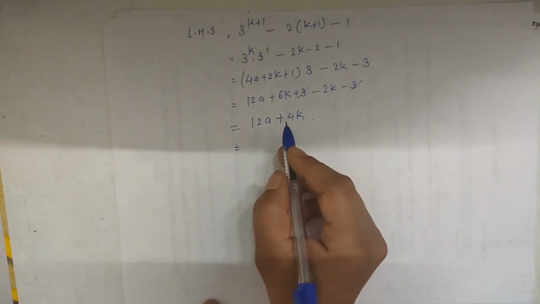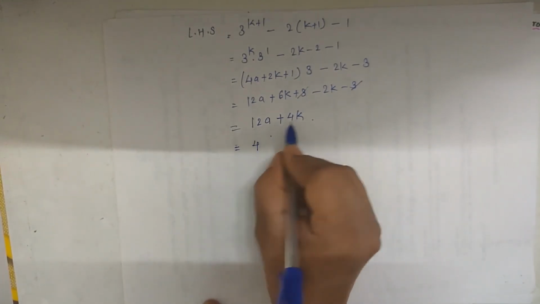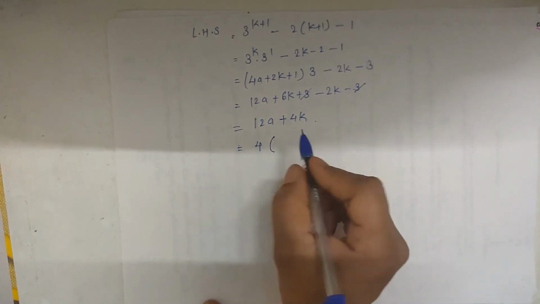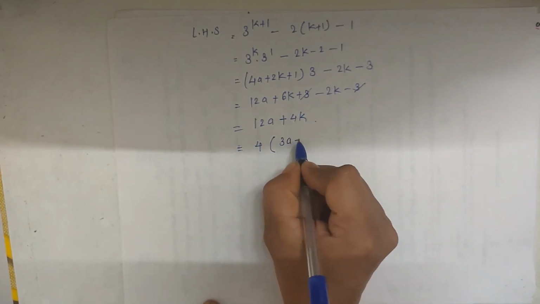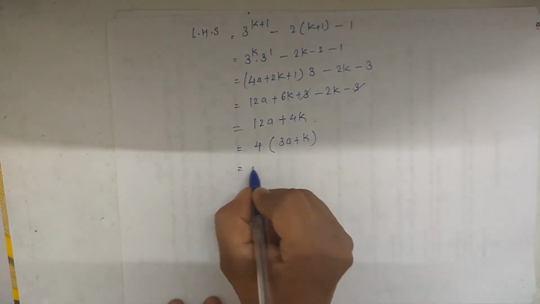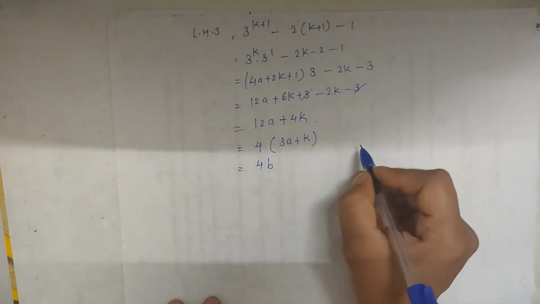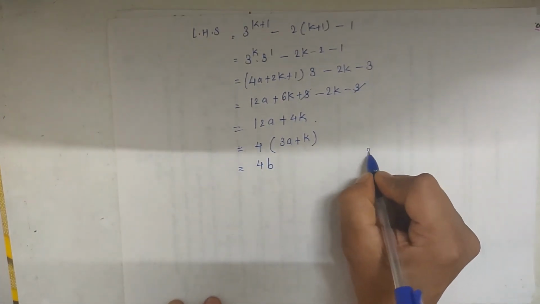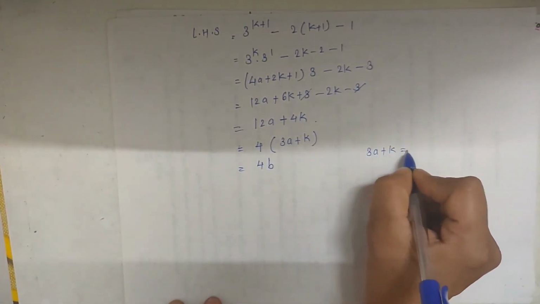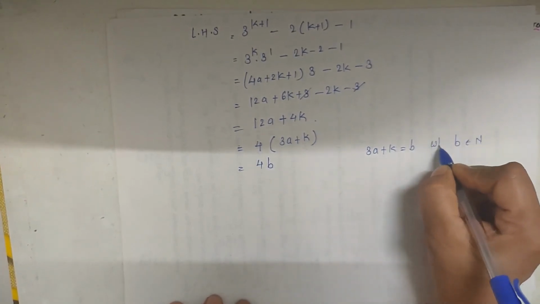Here the common factor is 4, so we can write 4 into 3a plus k, which is equal to 4b. Here this constant term is equal to b. Consider 3a plus k is equal to b, where b belongs to the natural numbers.